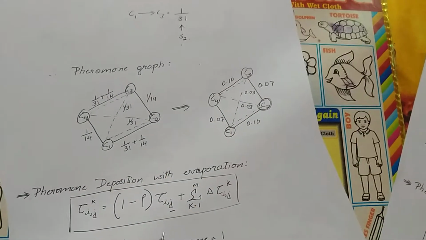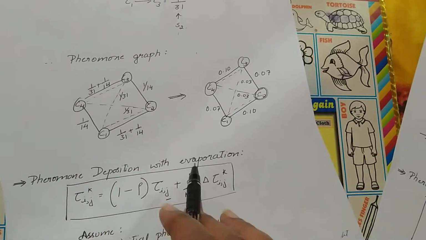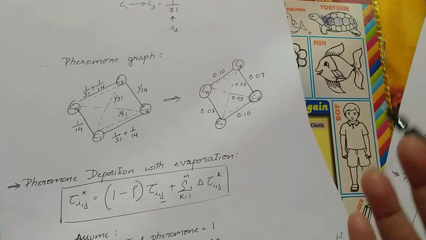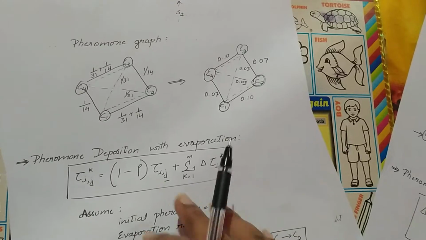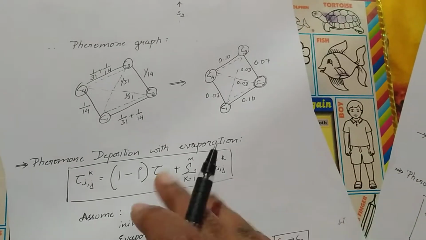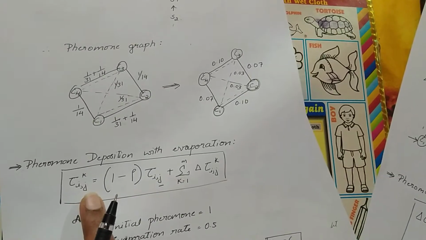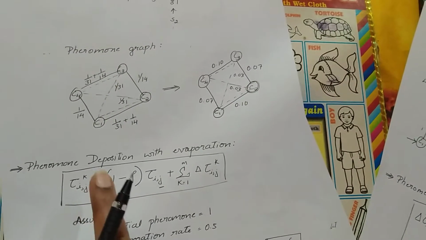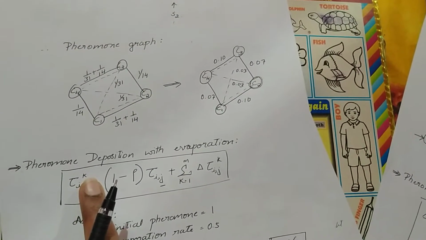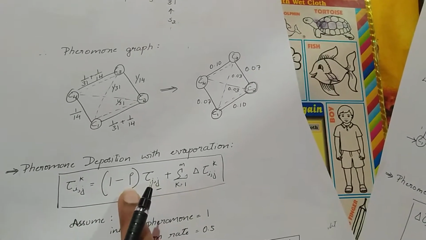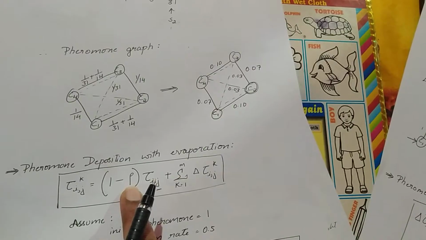Now we'll find the pheromone deposition with respect to evaporation. Here we'll consider the evaporation constant, the evaporation rate. So this is the formula for tau of ij, with respect to a particular ant. It will be 1 minus rho, where rho is the evaporation coefficient.